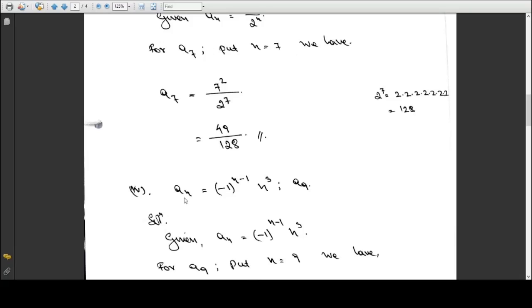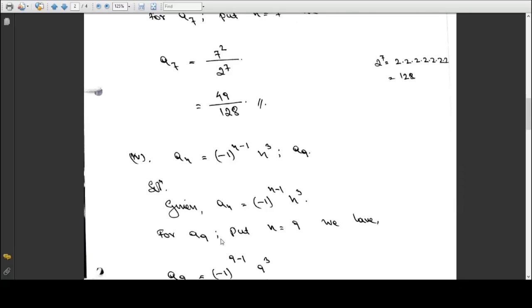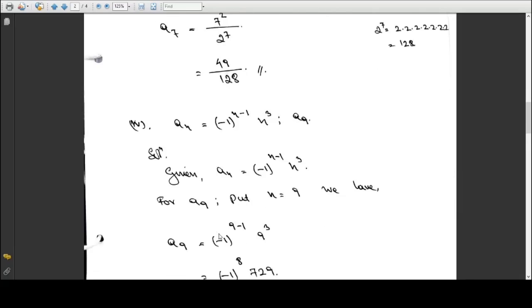the sequence is given by this expression. The nth term is minus 1 power n minus 1 times n cubed, and you have to find the 9th term. To find the ninth term, you just have to put n equal 9 in the given sequence.